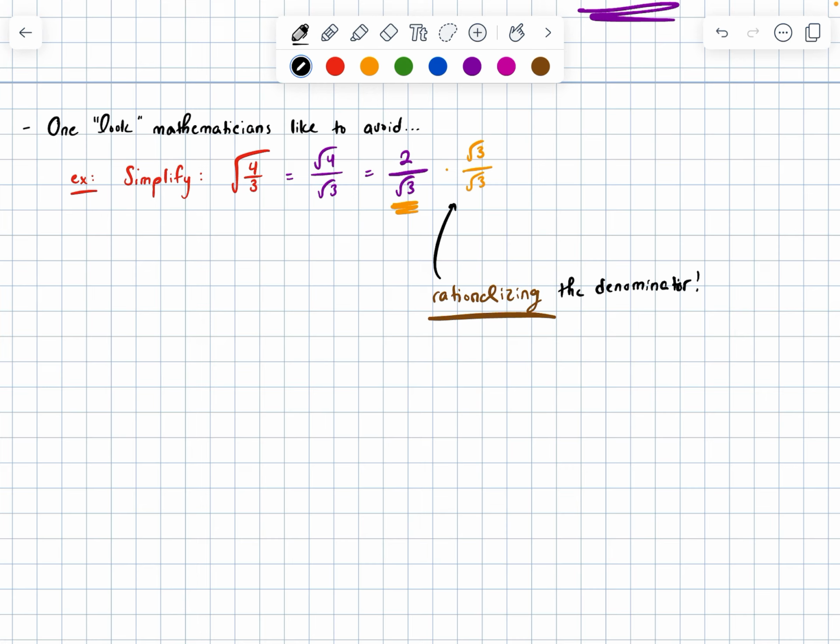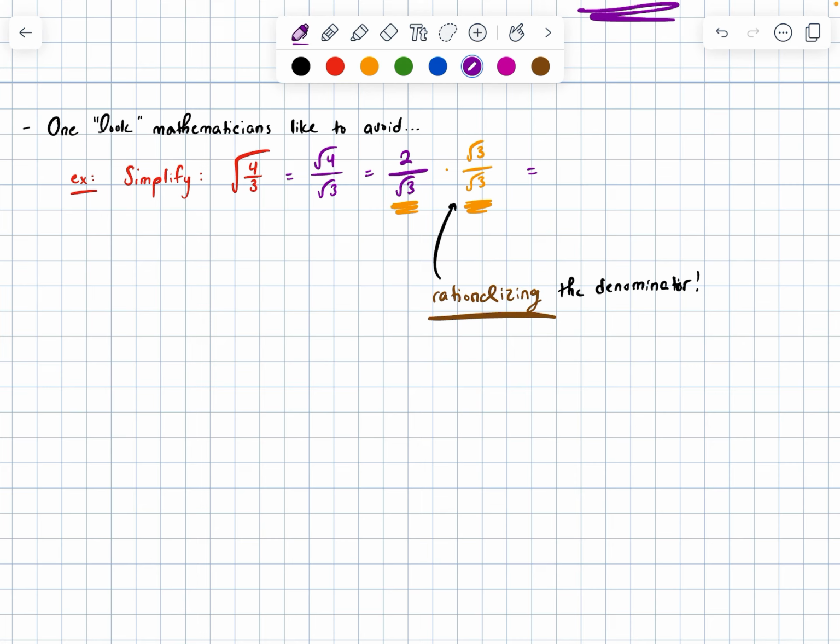So my goal is to make it rational, in this case by multiplying it by itself. The idea behind rationalizing the denominator is that I am going to choose to multiply my fraction by a form of 1 that eliminates the radical in the denominator of the fraction. This particular form of 1 that I'm going to choose is root 3 over root 3.